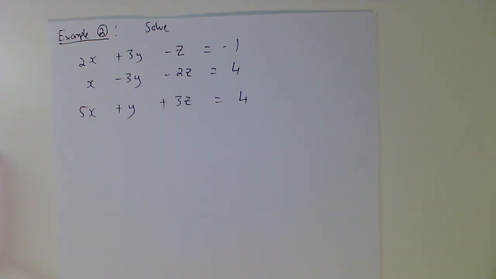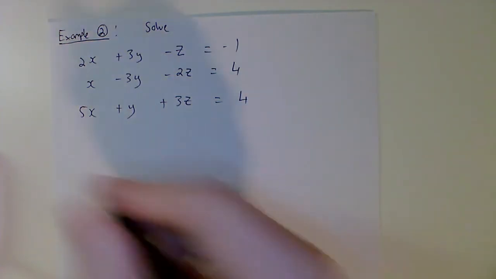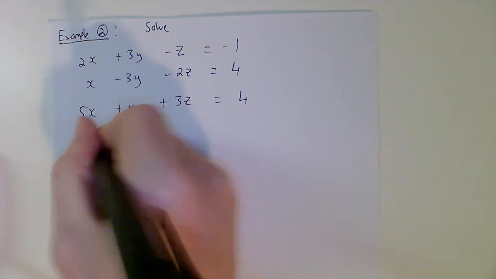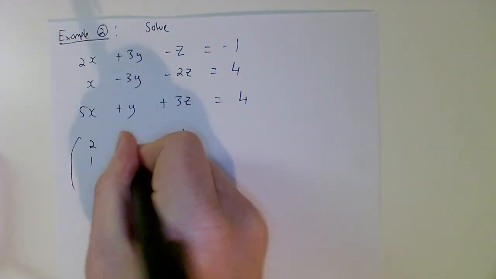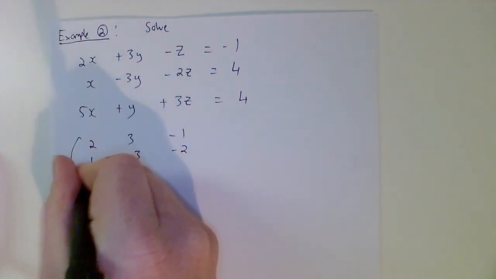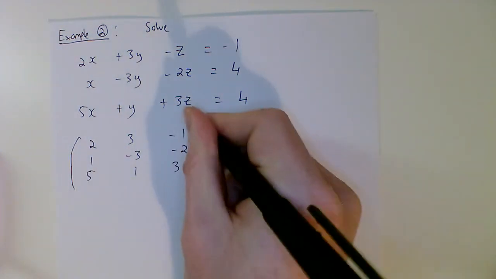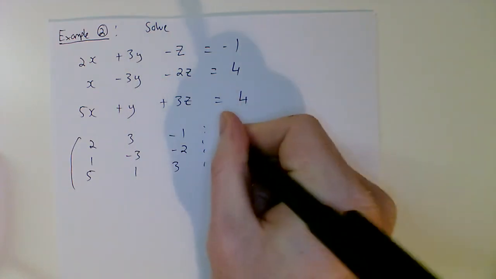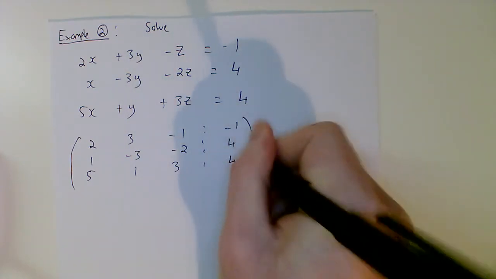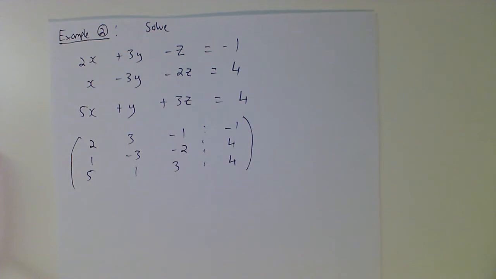Right, so that's your system of equations set up. So 2, 3, -1, 1, -3, -2, 5, 1, 3. The Gaussian matrix. So I just write it like that.